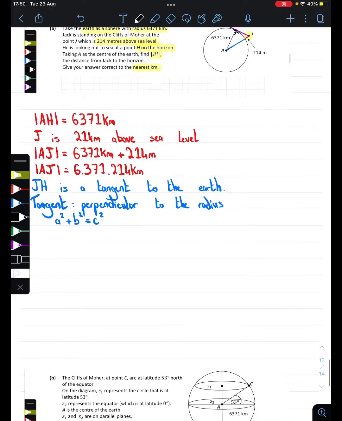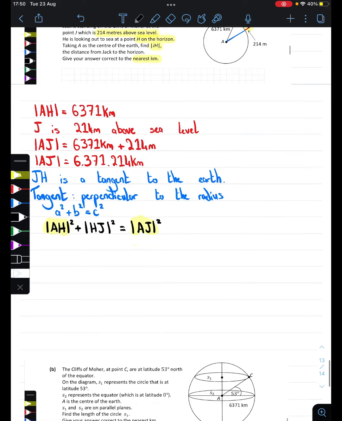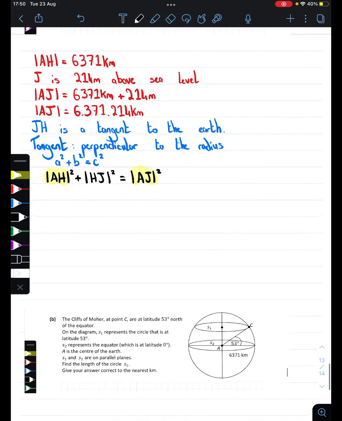And so we get the length of AH squared plus the length of HJ, the two shorter sides, squared, equals the length of the longer side, the side opposite the right angle, the hypotenuse AJ squared. And we have these two values, AH and AJ, so we can just fill those in and solve for HJ.